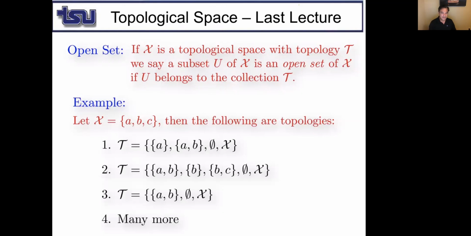We said that if X is {A, B, C}, this is a topology on it. If I take any 2 elements like {A} and {A, B}, and look at the intersection, which is {A}, A is also here.